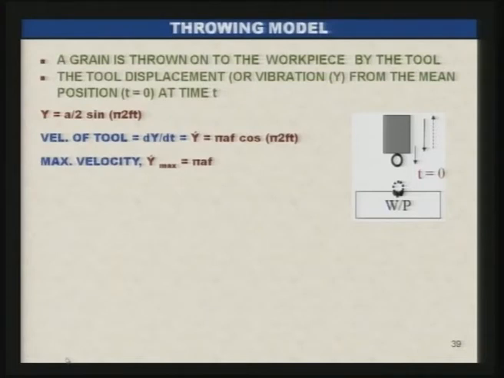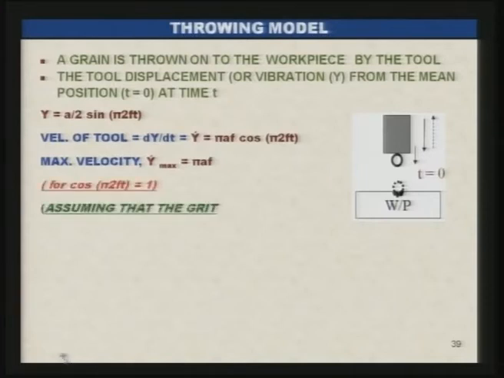The maximum velocity that a tool can achieve is given by y dot maximum equal to pi a f, and this will be maximum only when the value of cos 2 pi f t is equal to 1. So, for cos 2 pi f t equal to 1, we achieve y dot maximum equal to pi a f.